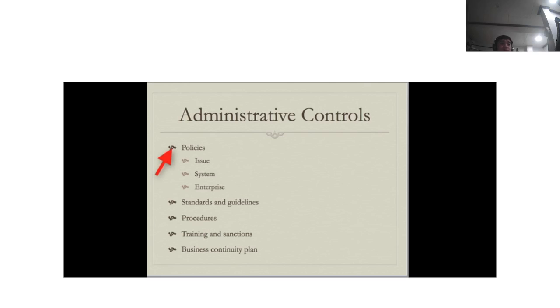Cold sites are places where you have a contract. You go in when you need them, and they allocate your servers based on your contract. So you have to build everything from the ground up.